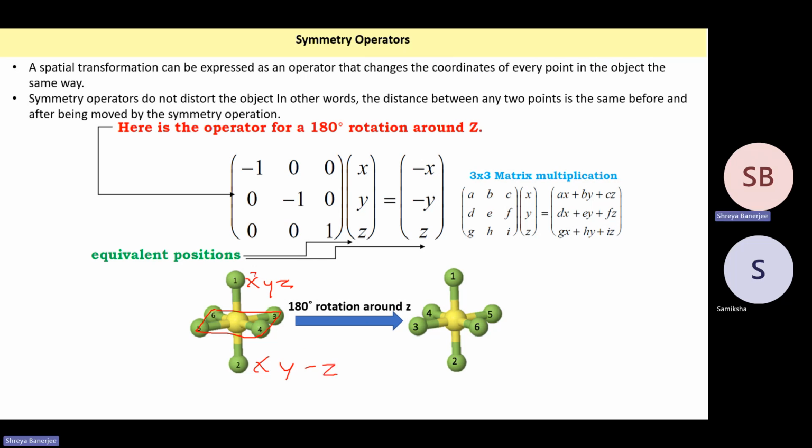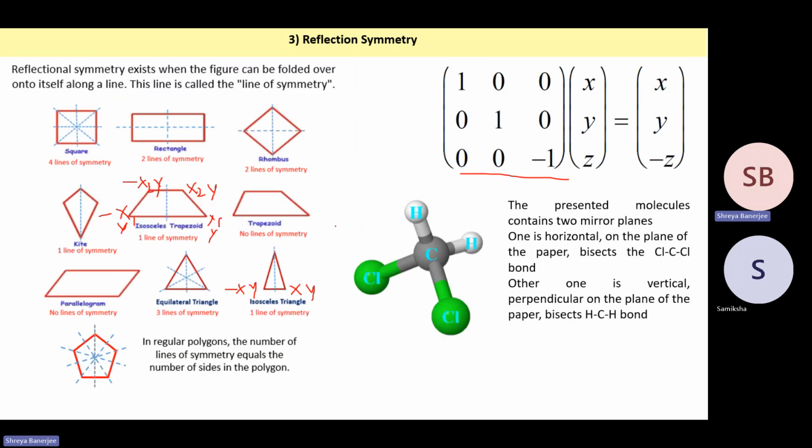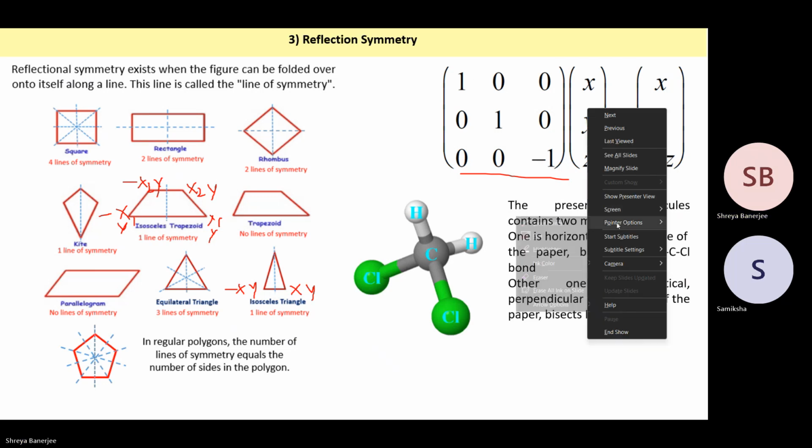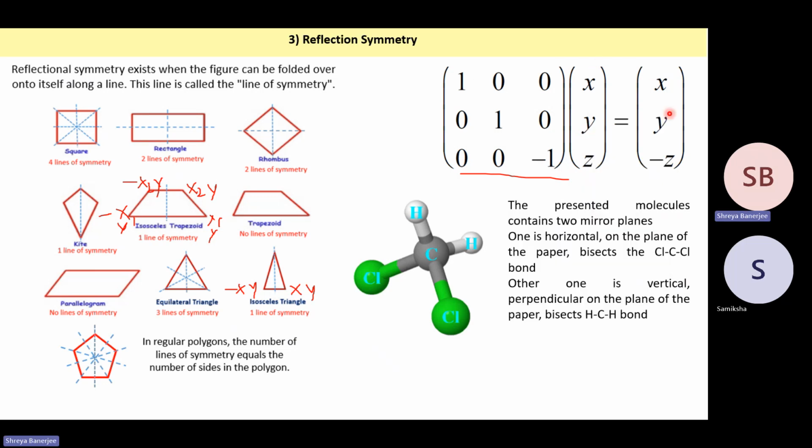So the z coordinate is becoming negative when you have reflection along the xy plane. That is what this matrix is showing. Your xy coordinate remains the same, z coordinate becomes negative. So this matrix stands for reflection along the xy plane.